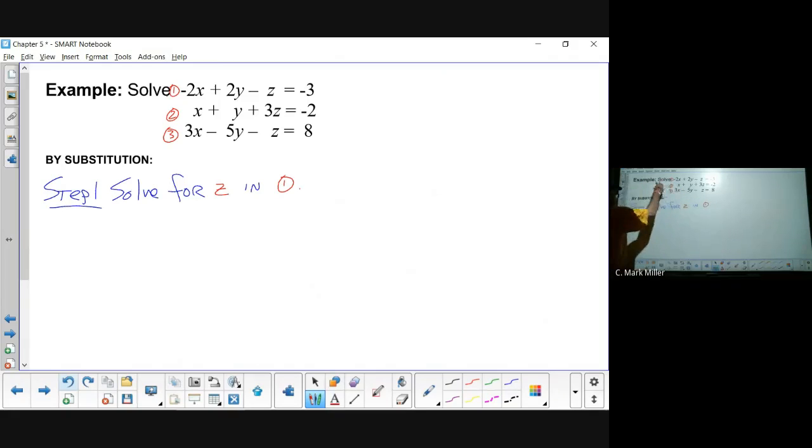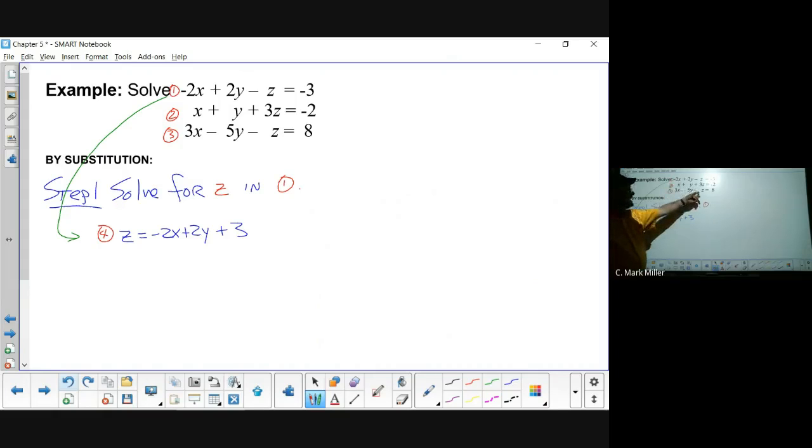So this comes down here. Solving for Z, Z is going to be -2x plus 2y plus 3. You solve for Z in that. I'm going to call that equation 4. See what we did? Now, Jasmine may choose to solve for x in equation 2.